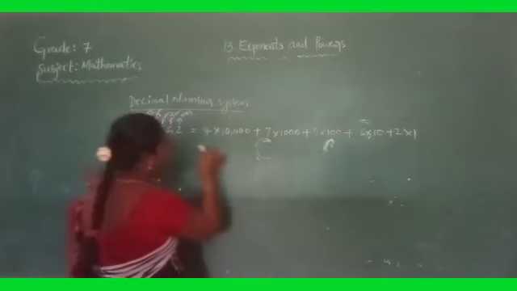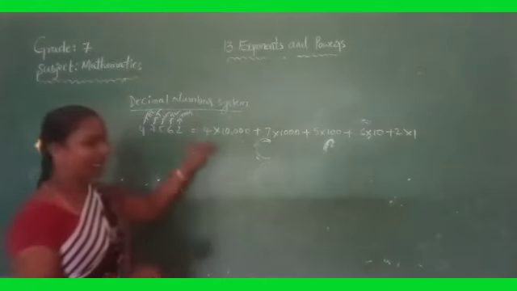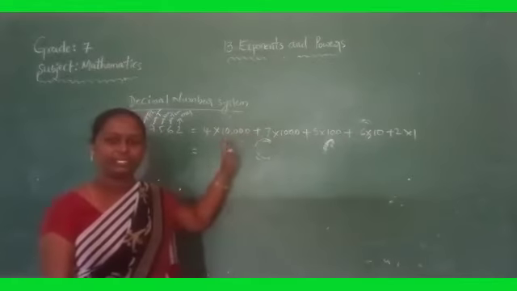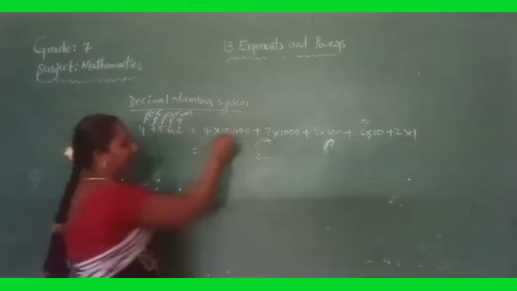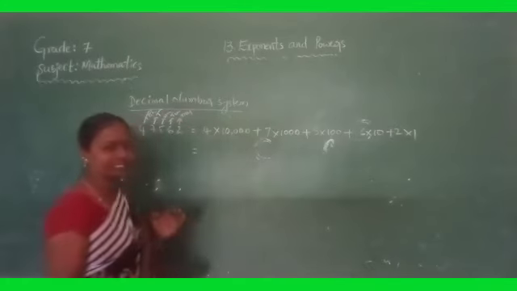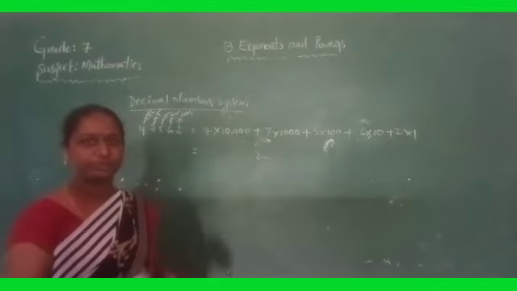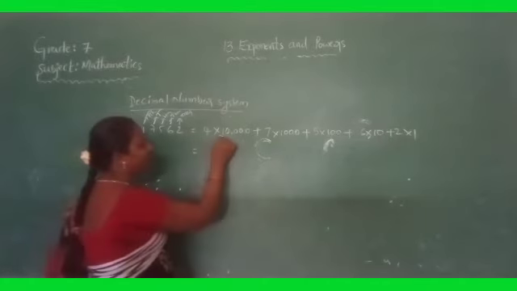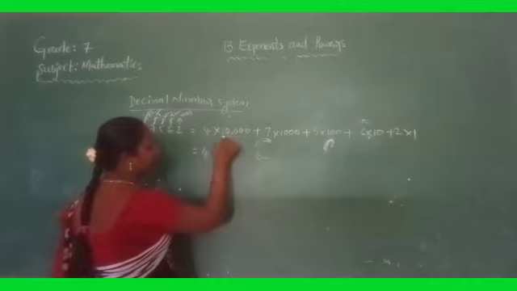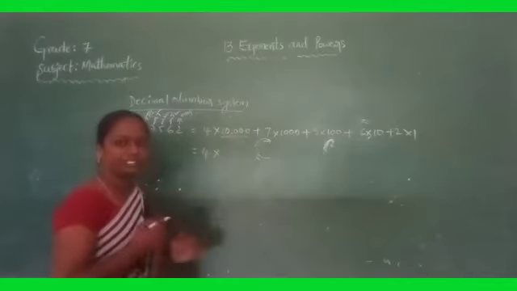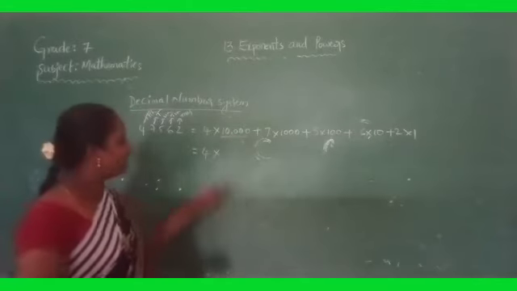Now, can you write this number in the exponential form? Yes, you know very well. We can express large numbers using exponents. So this one we can write in exponential form. That is 4 into the product of 10. How many times is 10 multiplied here? 4 times.